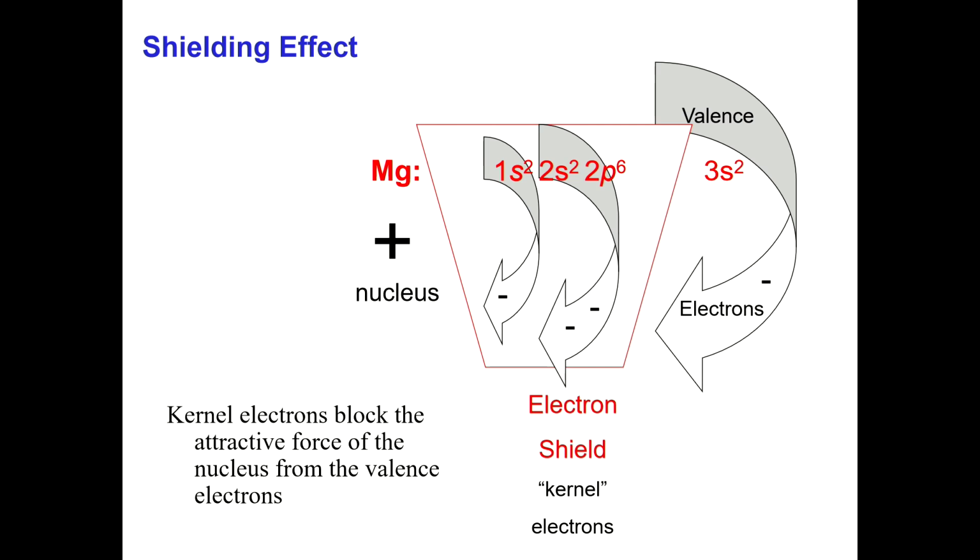All this is called inner, and all this is called valence. The inner electrons, 1s, 2s, 2p, all these 10 electrons, will repel the valence ones. Now we just consider the valence. The valence electrons also repel each other, but we don't discuss the repulsion among them. We just discuss these two parts, and this part can repel that part.